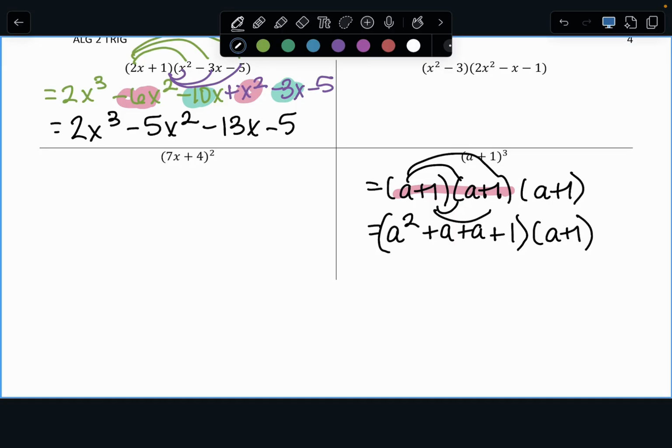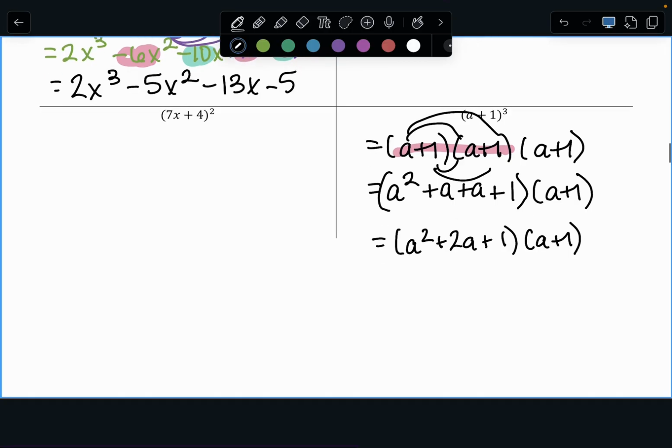This whole thing is still being multiplied by this whole thing. Although we FOILed, we're not really dropping our parentheses because we still need to multiply in here. And before I multiply every piece of this trinomial by this binomial, I'm going to simplify. What does my middle term become? 2a. So a squared plus 2a plus 1 times a plus 1.